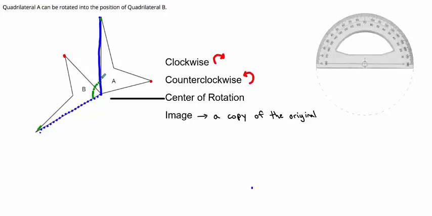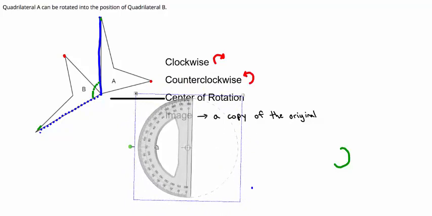What is that angle? Remember, 360 degrees is a full circle, but we just want this part. How far does it go right there? So let's find that out with the protractor.